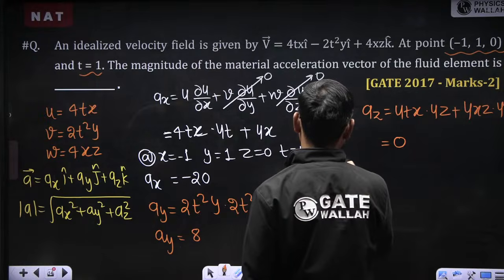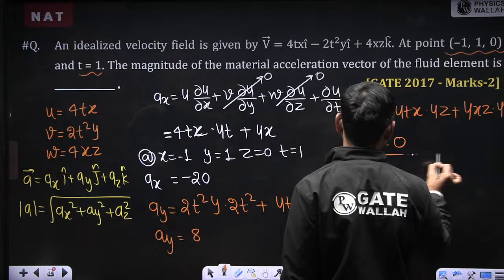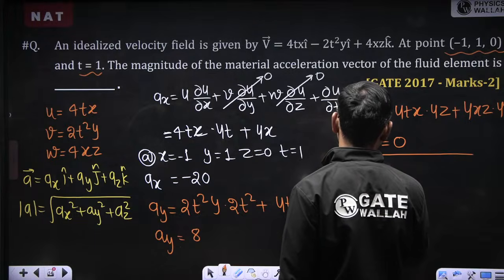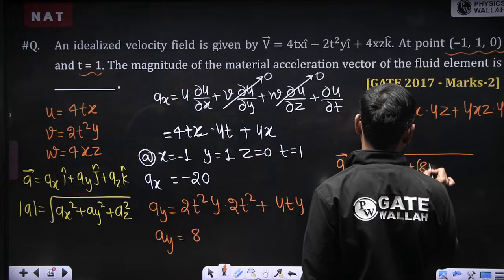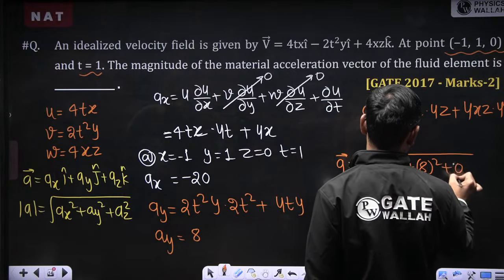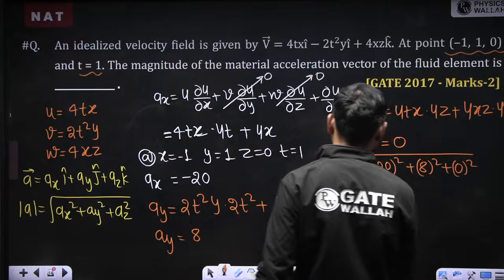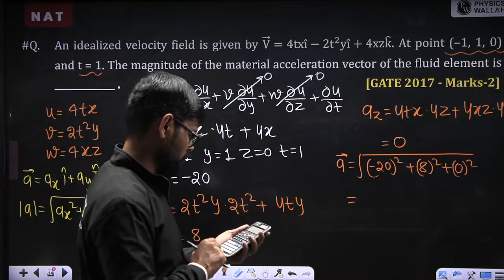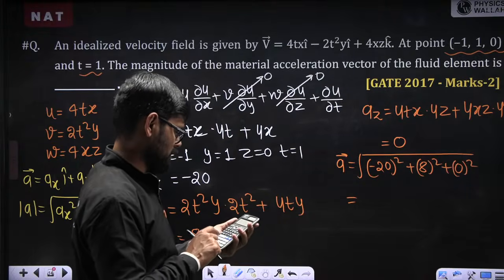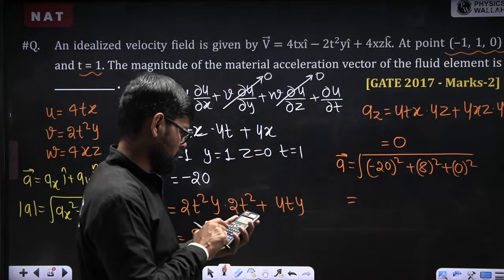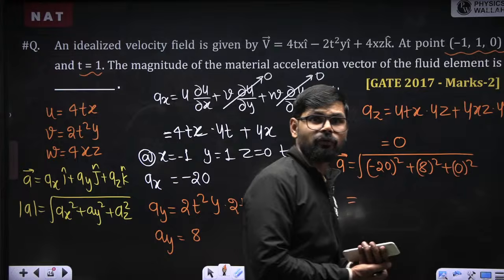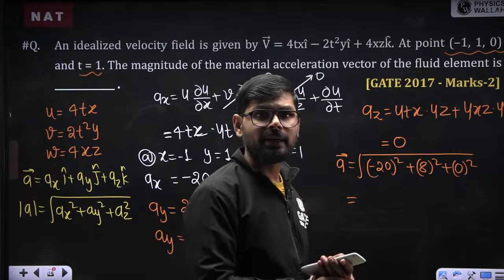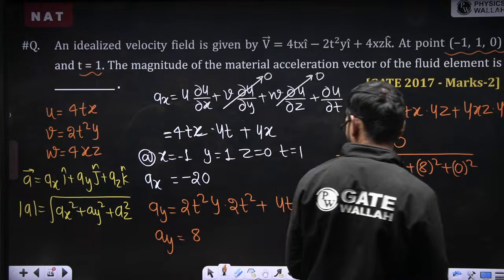So a value will come under root of minus 20 square plus 8 square plus 0 square. This will come 20 square plus 8 square under root, which is 21.54. The correct answer is 21.54.